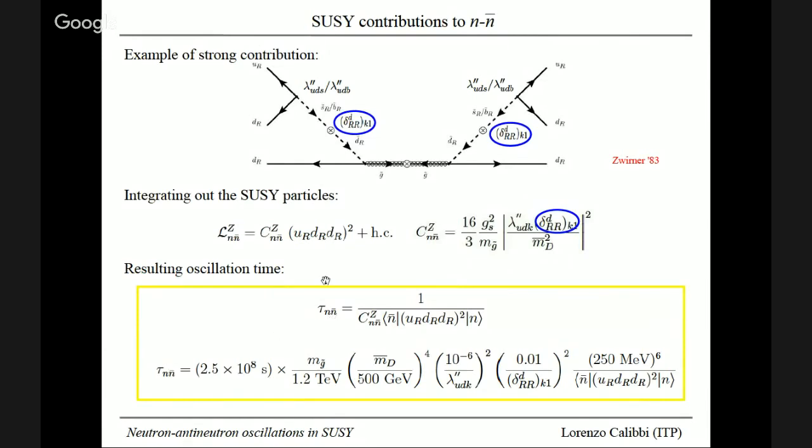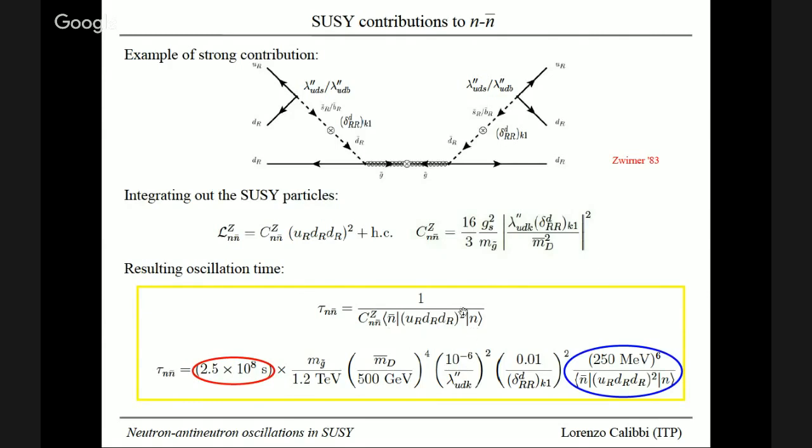And then we can simply use this coefficient to estimate the oscillation time, which is just given by this expression. So 1 over the value of this coefficient times a hadronic form factor, which is our main source of uncertainty in this business.